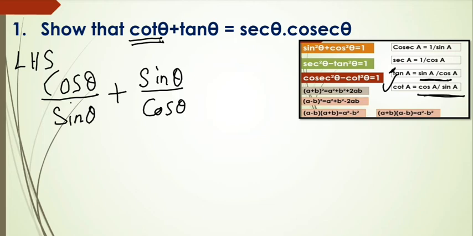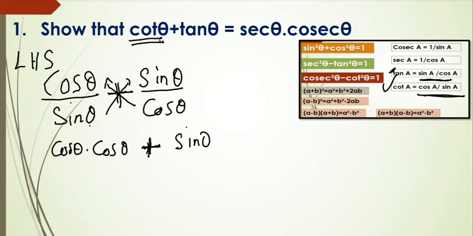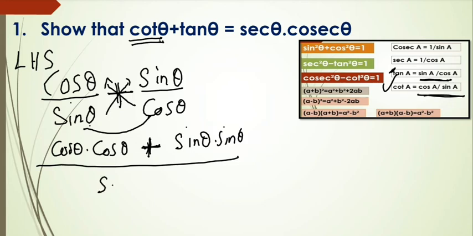After that, we know the addition of fractions. Here this is also in fraction form, but instead of a and b, there are cos theta and sin theta values. So just do the cross multiplication. That means here it becomes cos theta into cos theta, plus, as we have plus here, sin theta into sin theta, and in the denominator we get sin theta into cos theta.